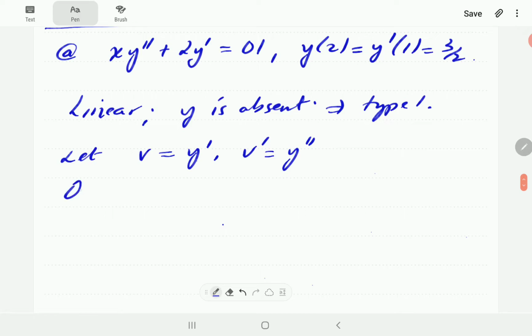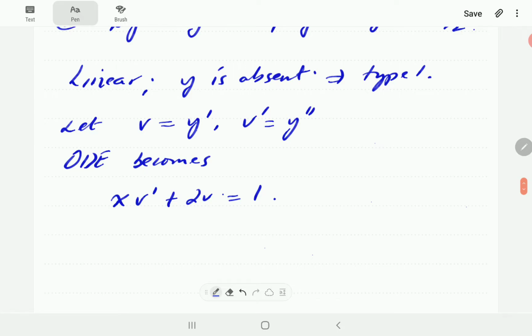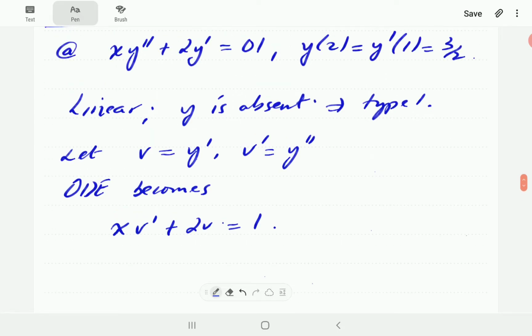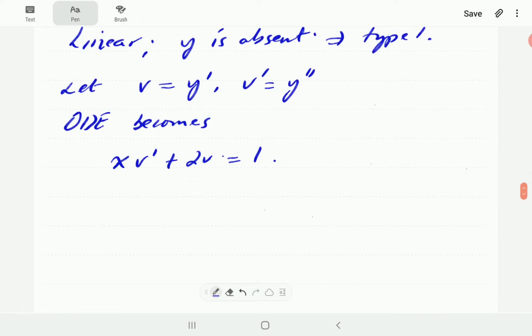Okay, so when we substitute into the ODE, the ODE becomes x v prime plus 2v is equal to 1. We won't bother substituting the boundary conditions. We'll just integrate and then write everything back in terms of y.